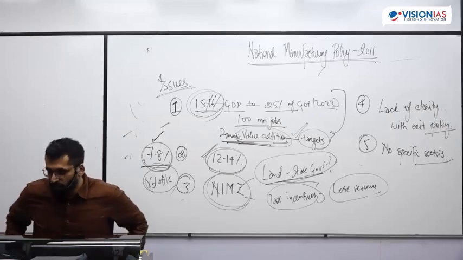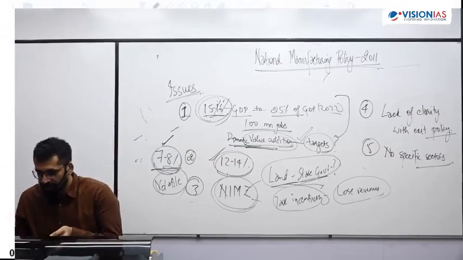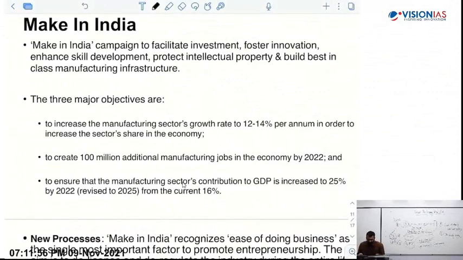Okay, so next was the Modi government's Make in India. So you can see the major features. It's just a major replica of the national manufacturing policy, but will work on a few of the features, as in liberalization and providing more leeway to the foreign investments.